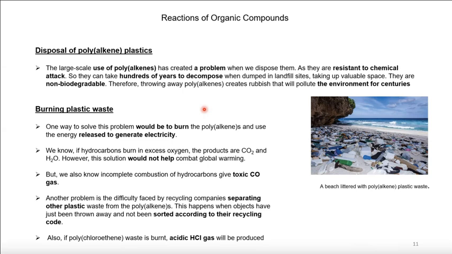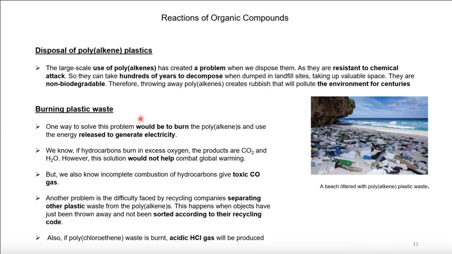They are very resistant to water, acid, alkali, and other chemicals. As they are so resistant to chemicals, they take hundreds of years to decompose in the landfill sites where we dump the polymers. So they are non-biodegradable. Therefore, it is an environmental issue.